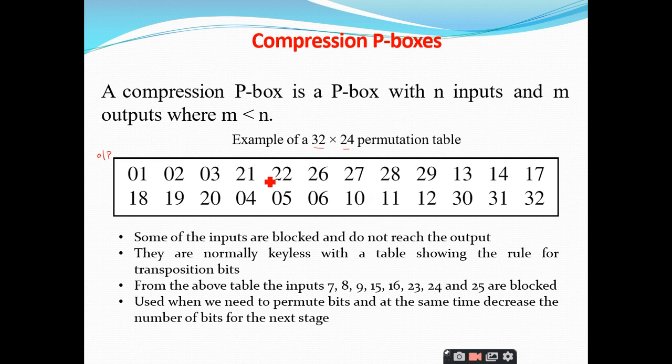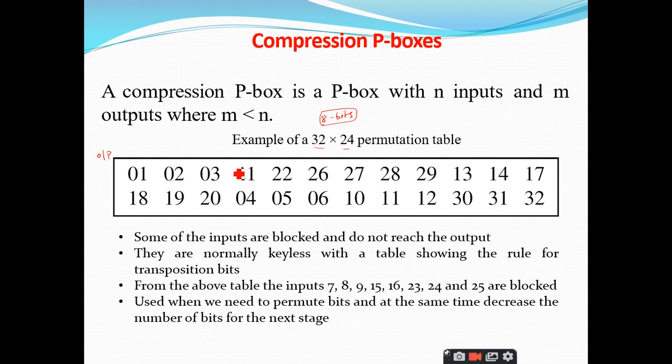What happens to the remaining 8 bits? As we told, some of the bits are blocked, so they don't have any output. So 8 bits of the input are blocked, which don't have any relationship with the output, right?